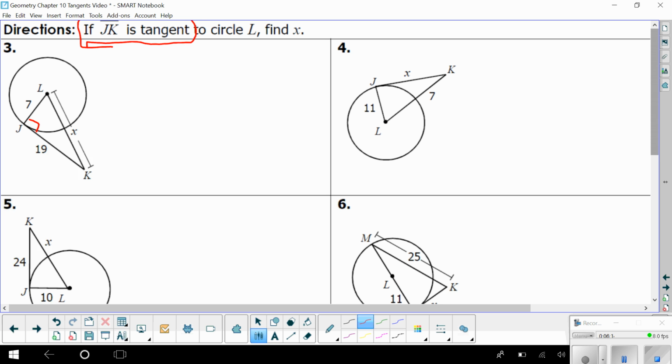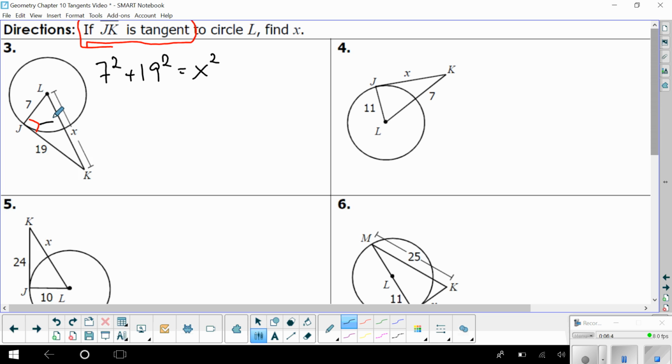We want to find X. So you use your Pythagorean theorem again. So we're going to do 7 squared plus 19 squared equals our x squared.